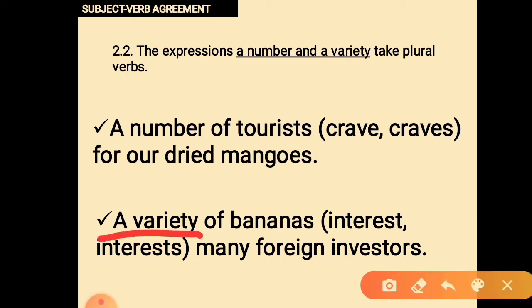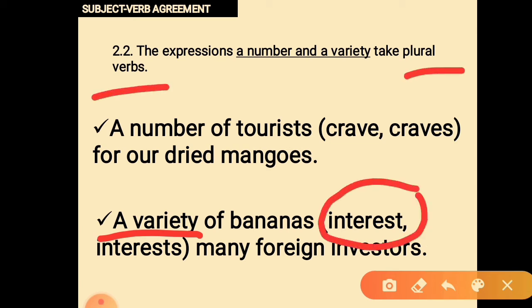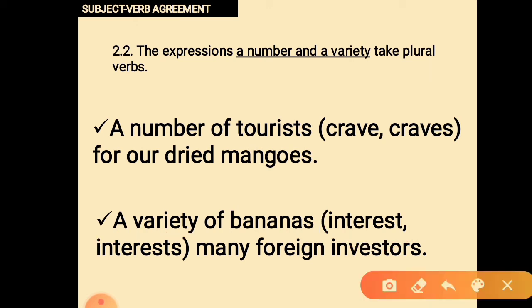Again, the rule states that if there is an expression of variety, the verb that we'll be using is plural. So it should be interest, walang S. Okay? The reason is the expression a variety. Kasi po, sabi ng rule, kapag meron daw tayong a variety, ang verb na gagamitin is plural.